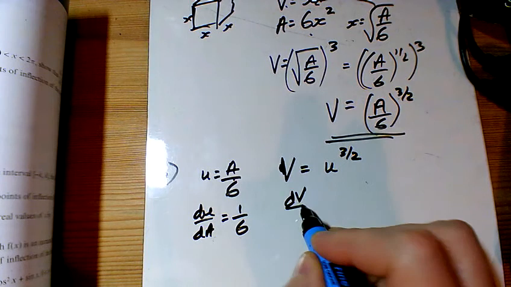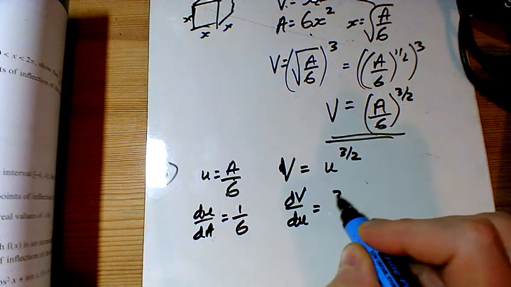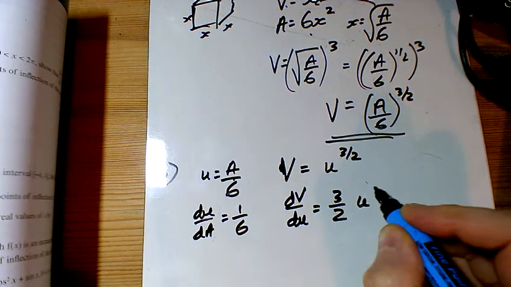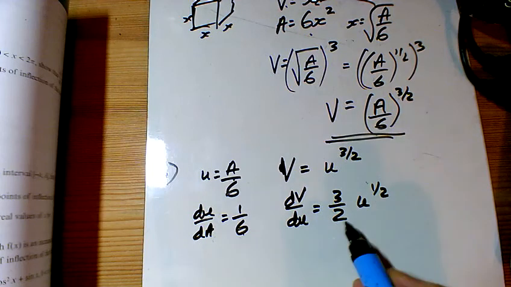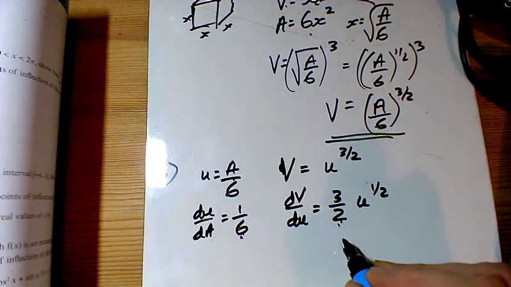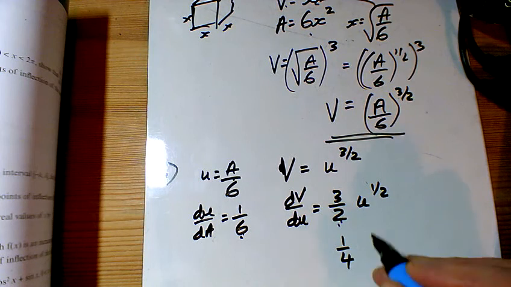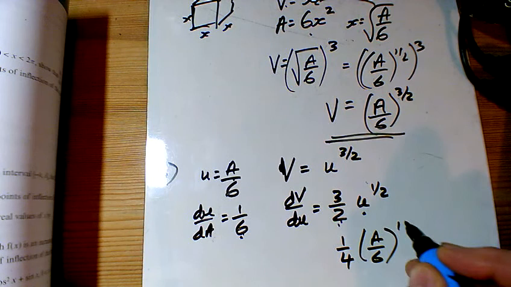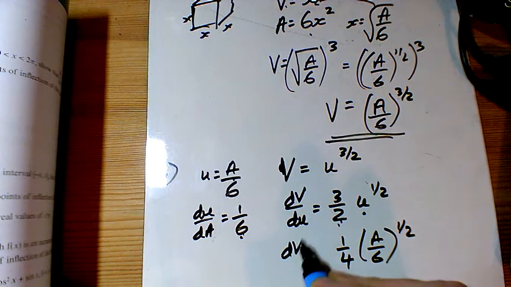If I differentiate that one, then I get 3 over 2 u to the half, and it's a chain rule, so times these two things together, we've got 3 over 12, so that's a quarter. u, what's u? It's that one, all to the power of a half. So this is dv by dA.